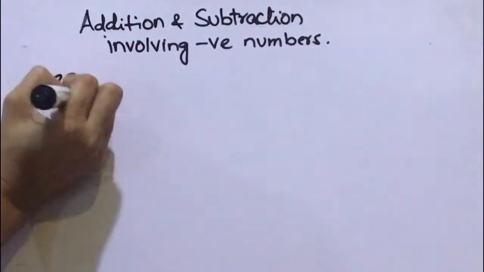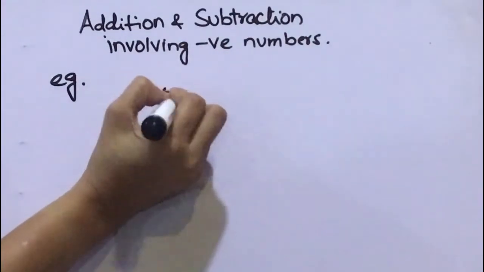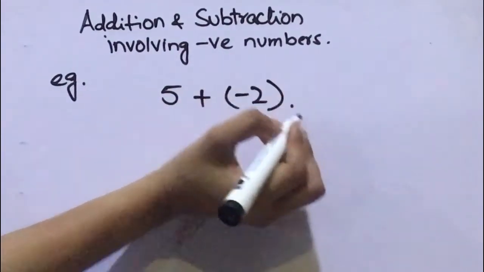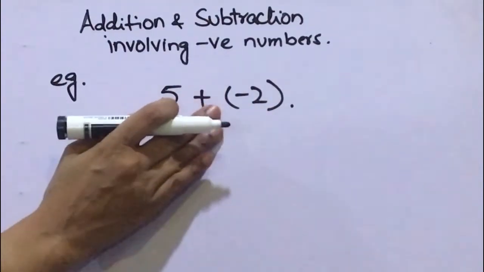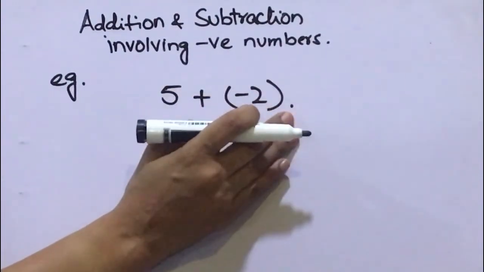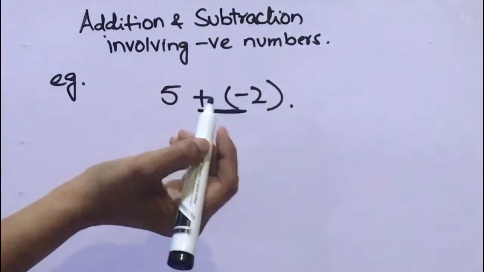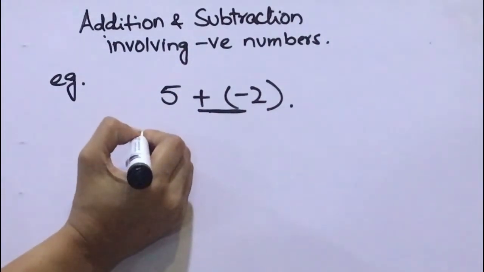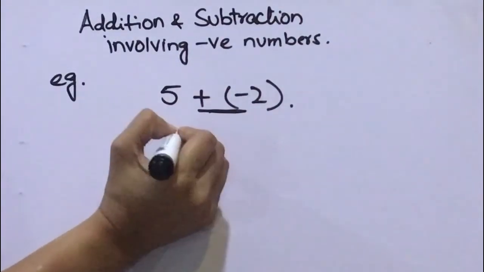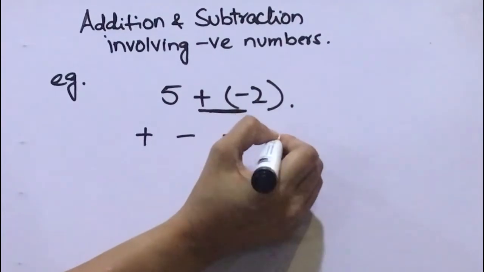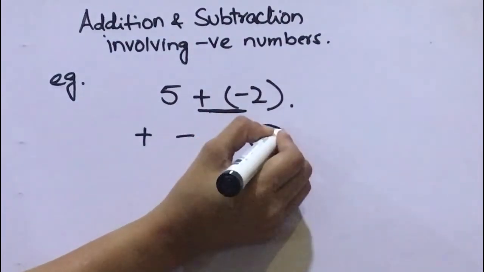For example, we want to add a negative number to a positive number, 5 plus minus 2. Now we will see how these signs react. If you have two numbers, one positive and one negative, the operation would always be minus. They will react as subtraction.